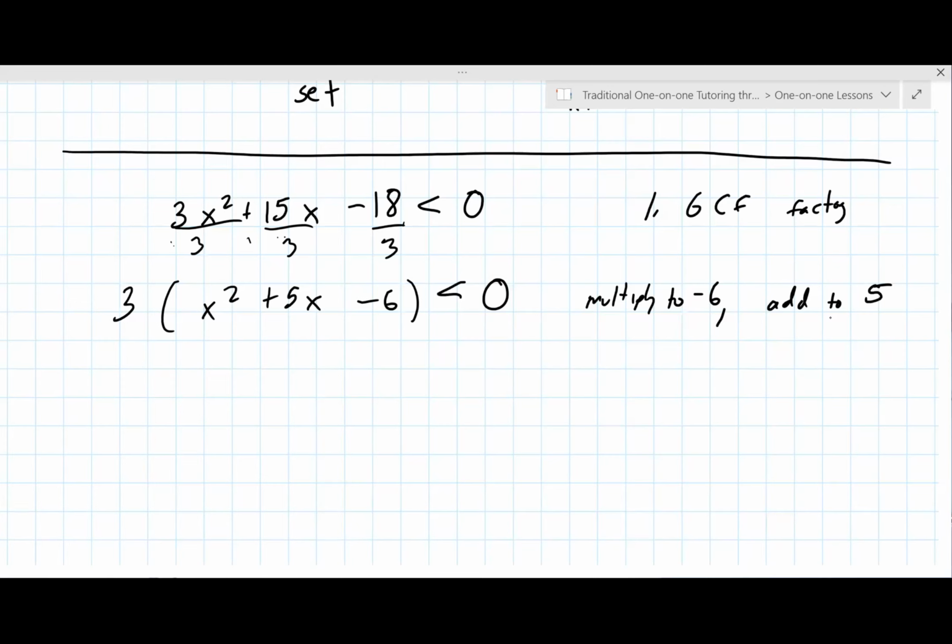Okay, -3 plus 2. You said -3 and +2, is that right? Those definitely multiply to minus 6, but -3 plus 2 is -1. So let's try a different set here.